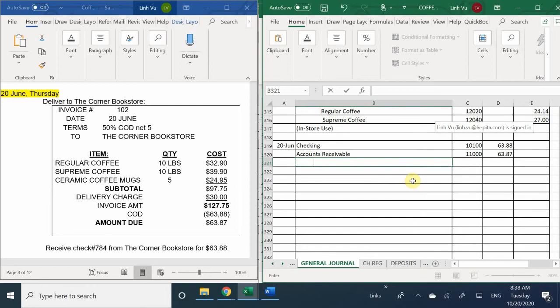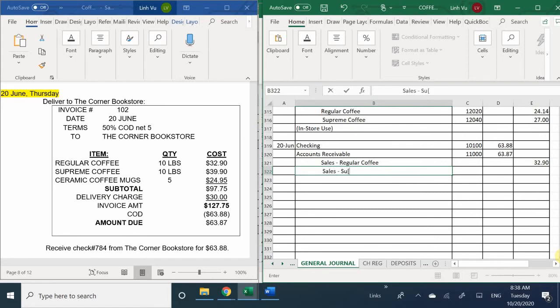So let's itemize these sales. Sales regular coffee for $32.90. Sales for the Supreme Coffee, $39.90.